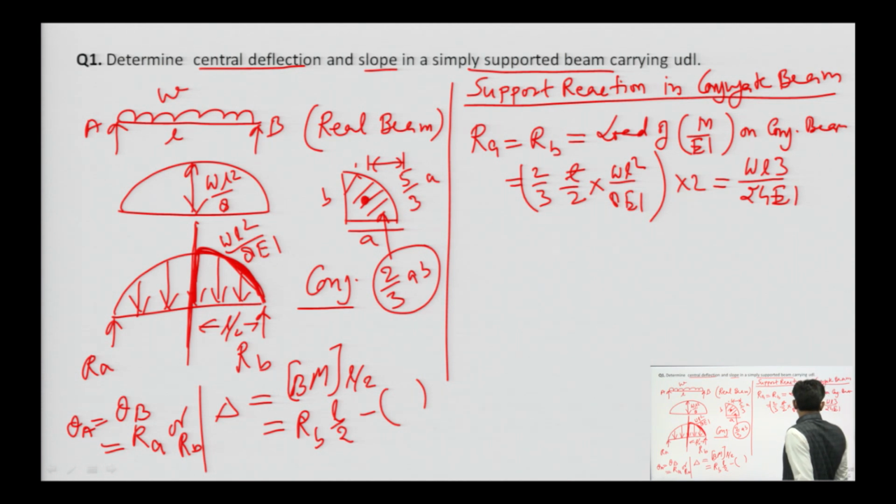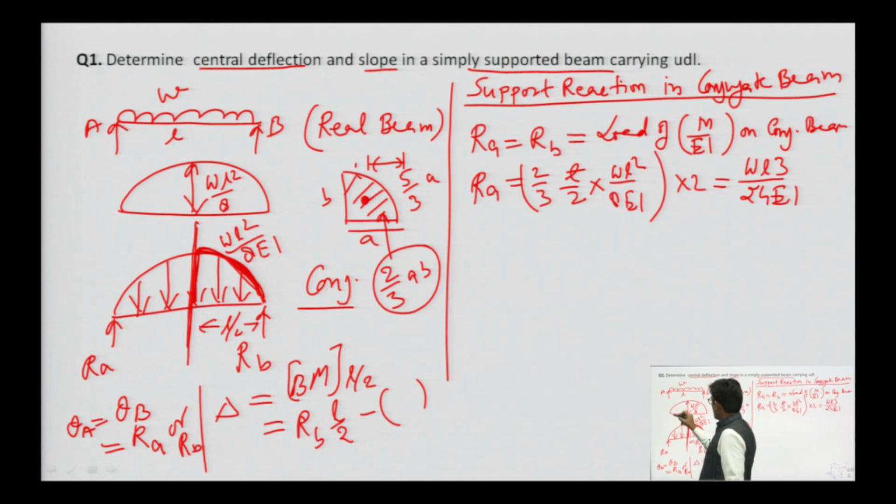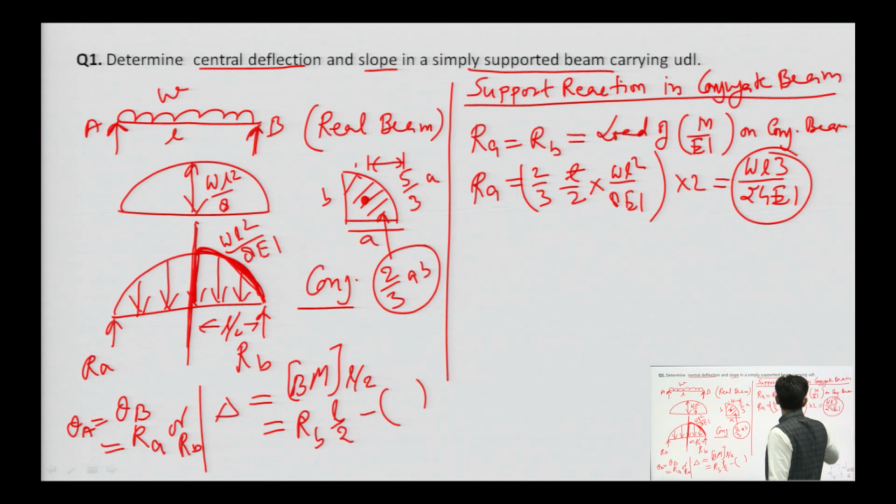So R B we have calculated. So the value of slope at the end will be WL square by EI.